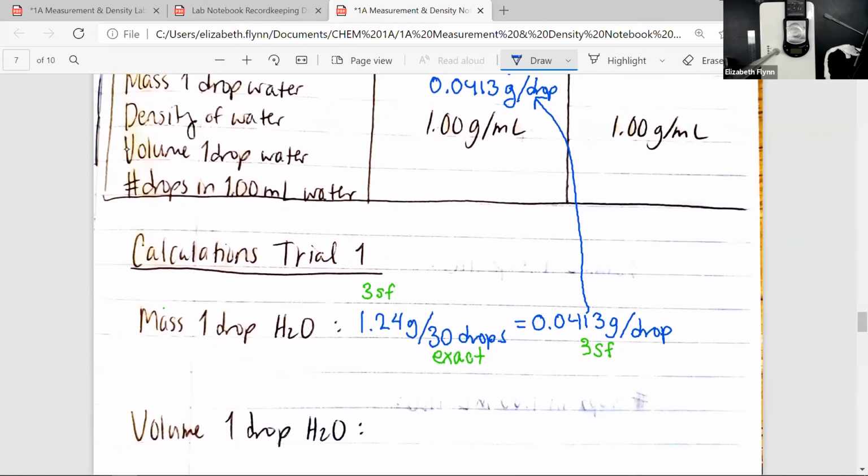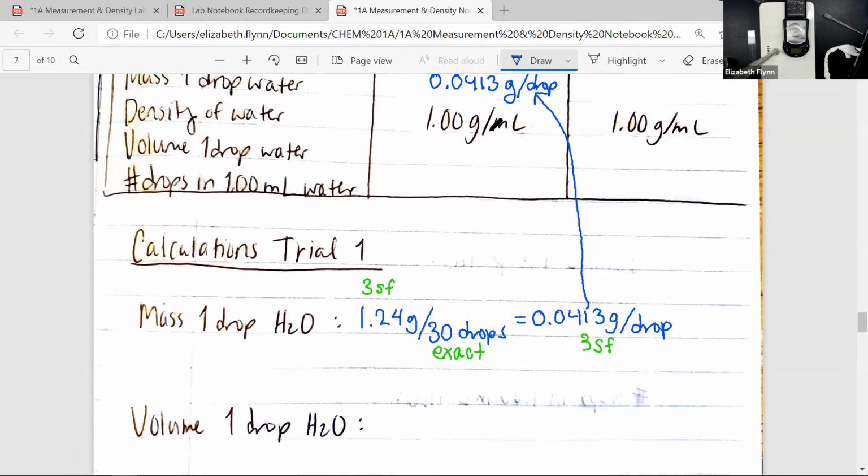Right. And now I've got my density of water. And so I can use the density to calculate the volume of 1 drop of water. Right. So now I'll take this 0.0413 grams per drop. I'm actually going to set it up like we know how, grams per drop. And what we can do is multiply. We can use the density, right, to get grams on the bottom so that they cancel out in milliliters on top.